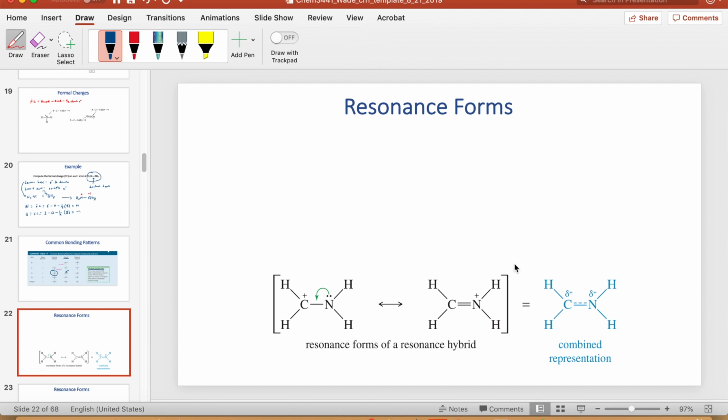The reason for this is that, in a nutshell, the structures of some compounds are not adequately represented by a single Lewis structure.